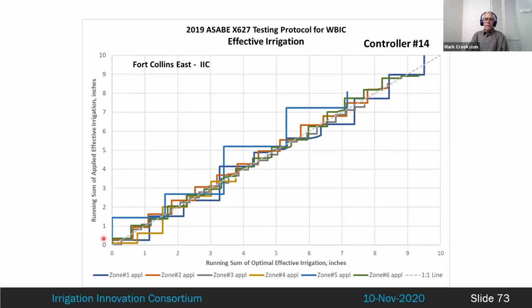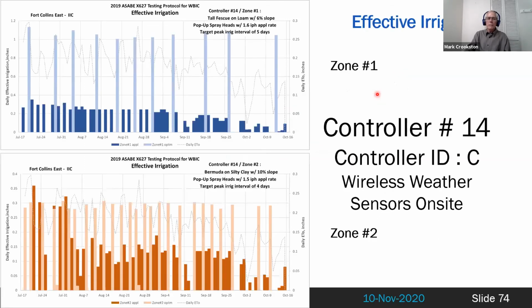Again, we would hope that effective irrigation would follow the optimal line. Again, we're seeing stair steps on zone number 5, but the others we're seeing tiny steps, indicative of that frequent irrigation. Zone number 1, yes, we see that the run times are decreasing as the season declines from mid-July to mid-October.